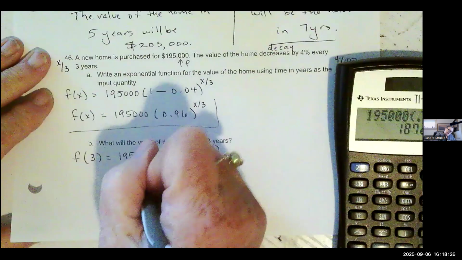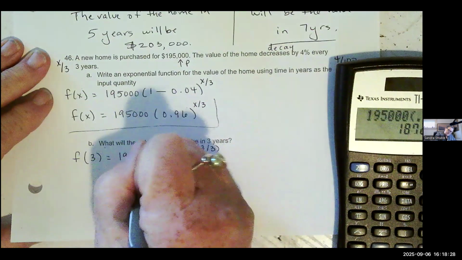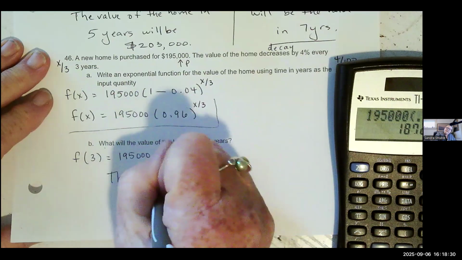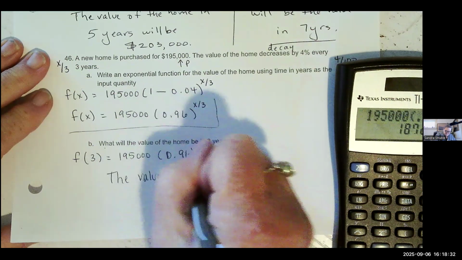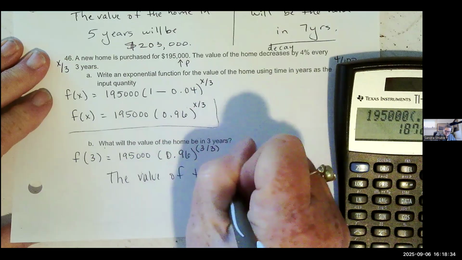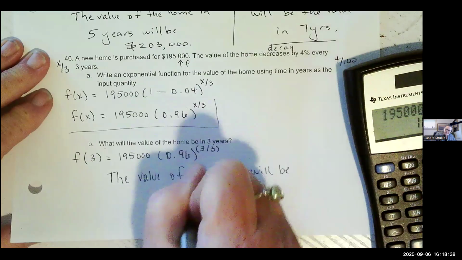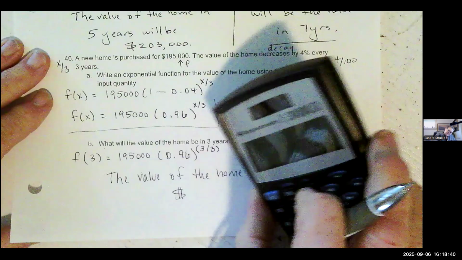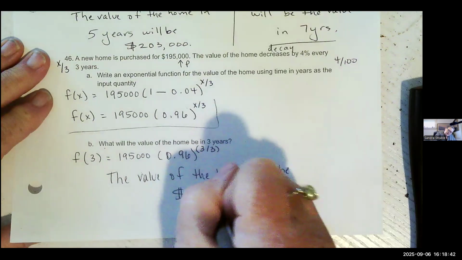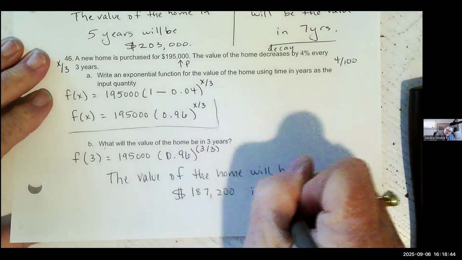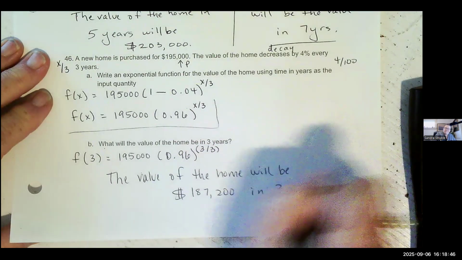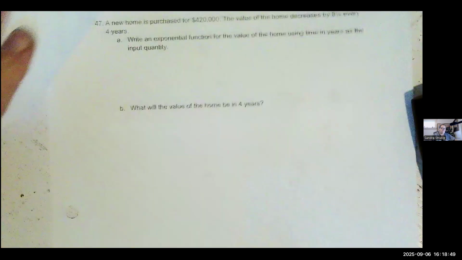So the value of the home will be $187,200 in 3 years. That would hurt.